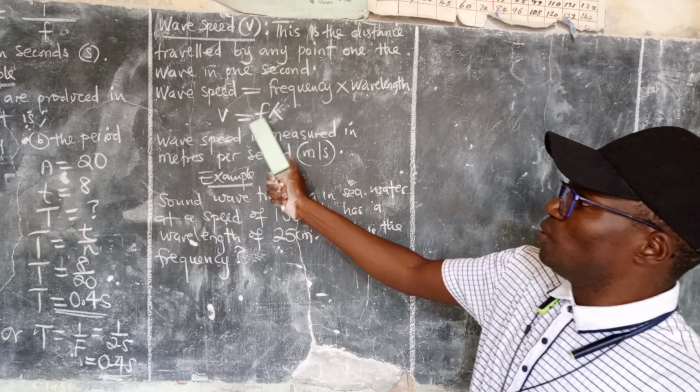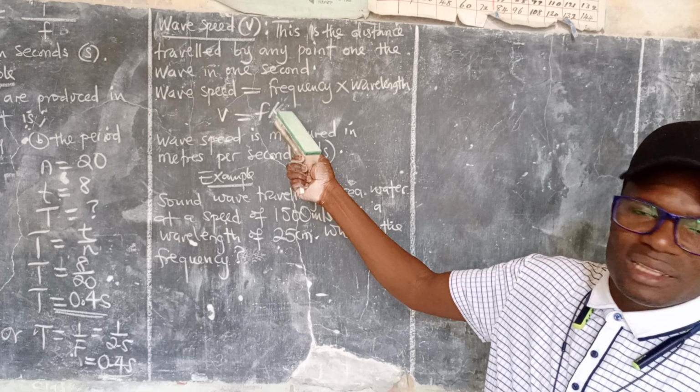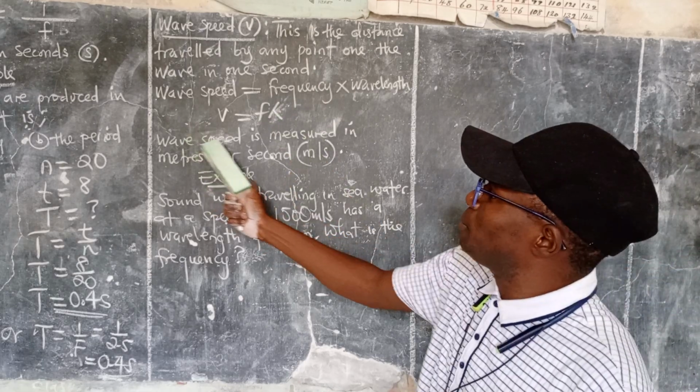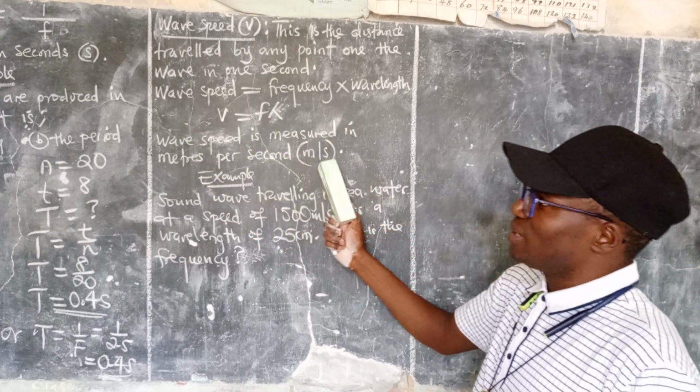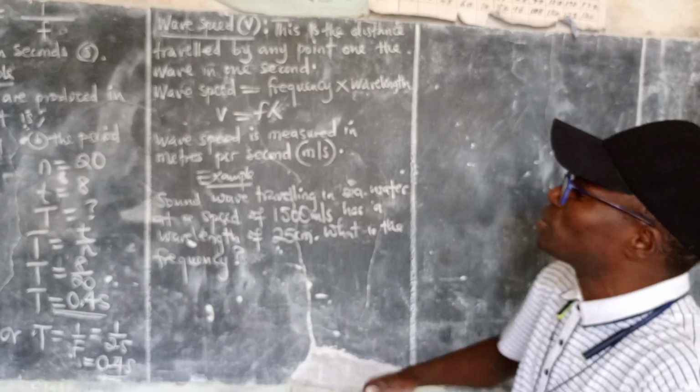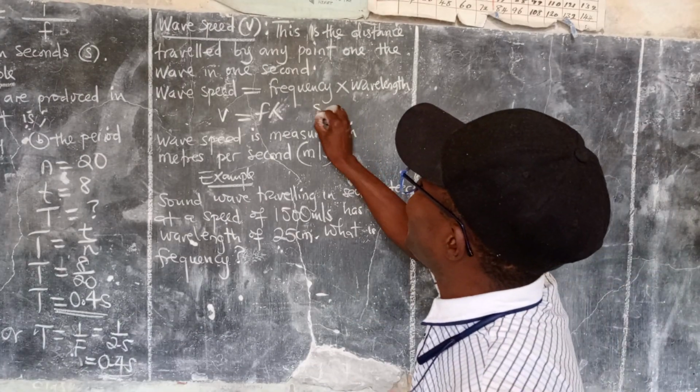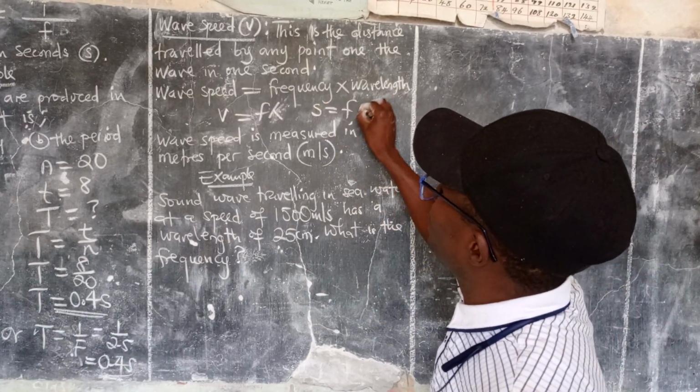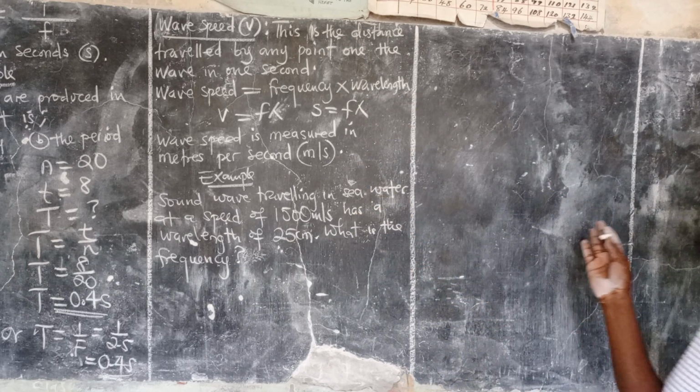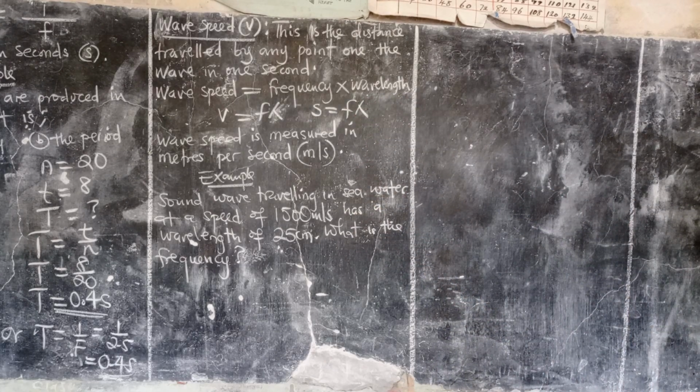Wavelength, which is V is equal to F lambda. Wave speed is measured in meters per second. In other books, you're going to find that speed S is equal to frequency times lambda. It's the same. Either V or S is one and the same thing.